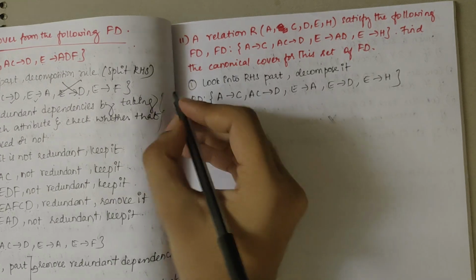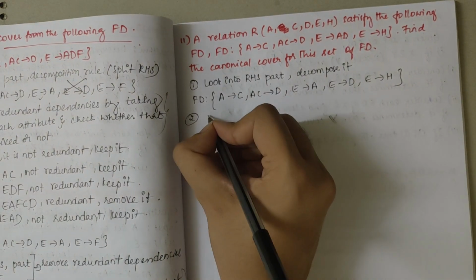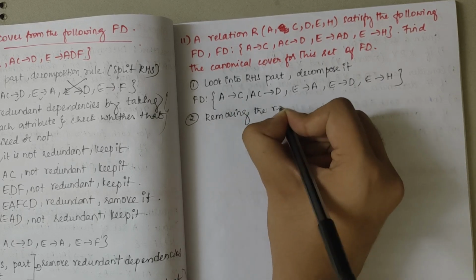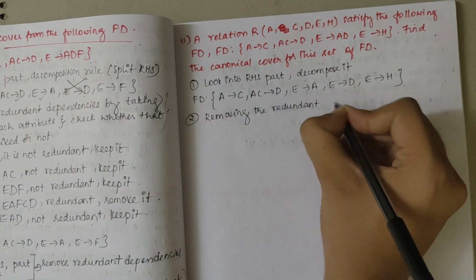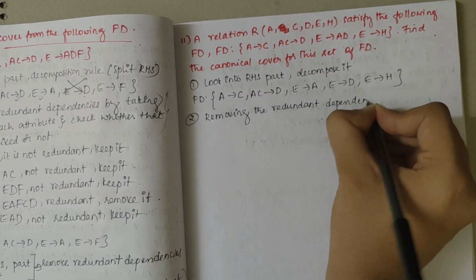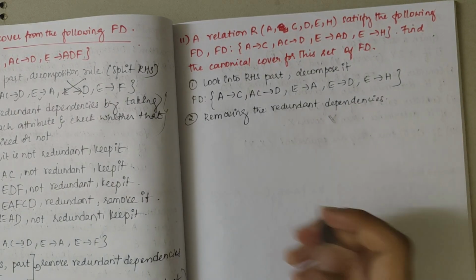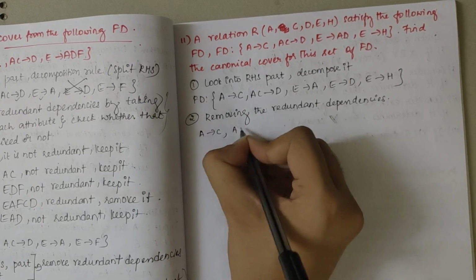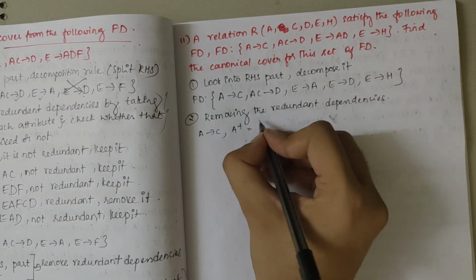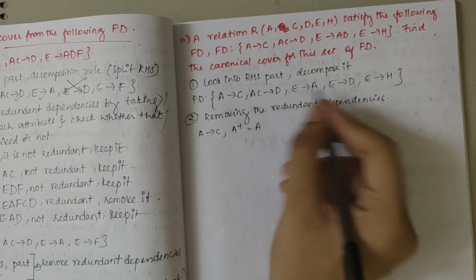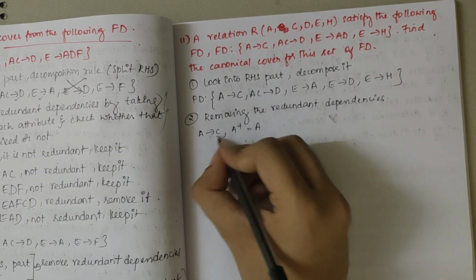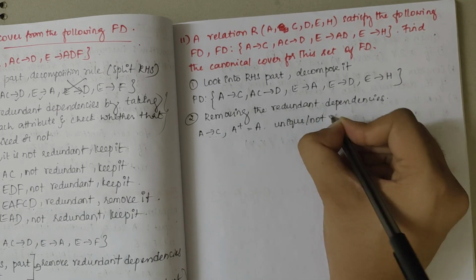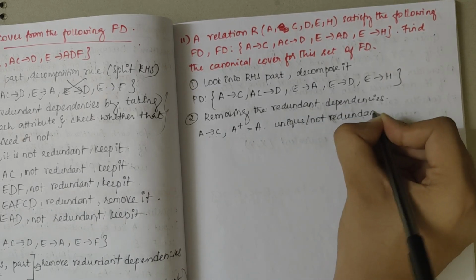Next step is removing the redundant dependencies. Firstly, I'll consider A determines C and write A closure. Close this and write A closure, you get A. A determines anything further? No. So this is unique. I have not obtained C here. So this is not redundant.